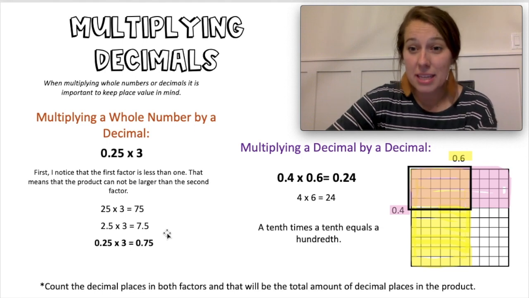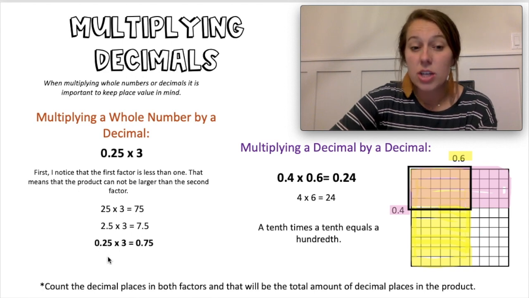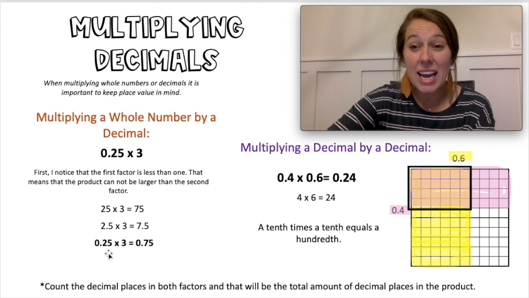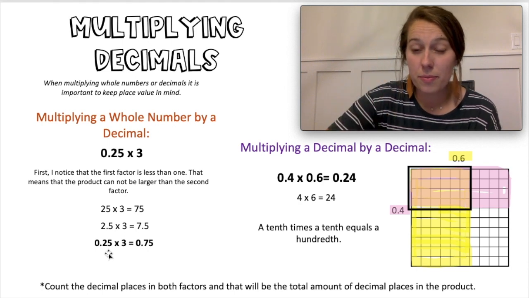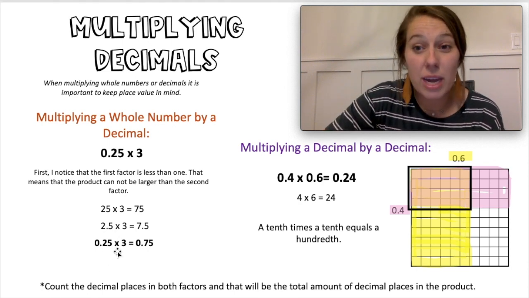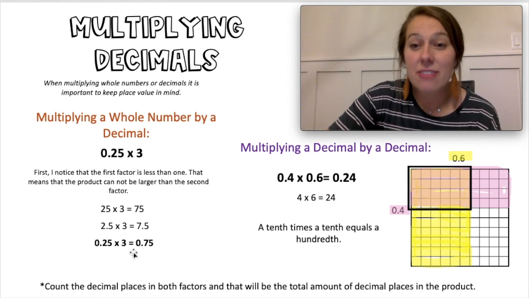I know they're going to be the same. So if I have 25 hundredths times 3, 25 hundredths has 2 decimal places, okay? 3 has 0 decimal places. So I know my product has to have 2. So 3 quarters, like I think of it, is 75 cents.